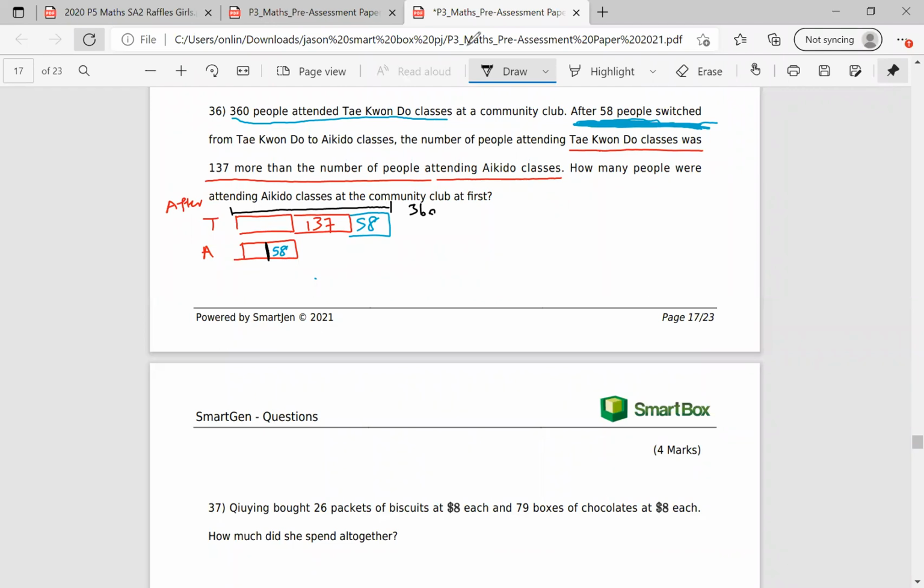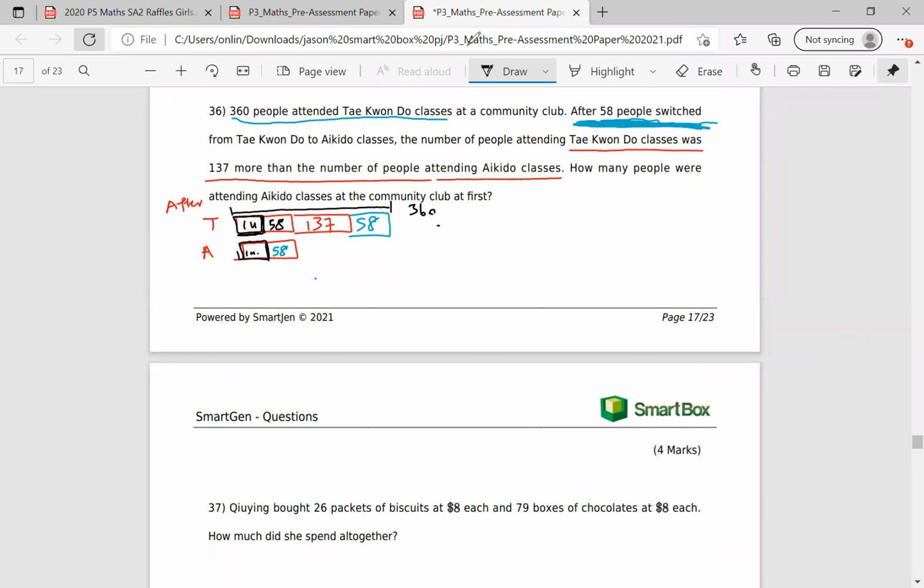So am I correct to say this part, if I cut also, it will be another 58 and my 1 unit will be here. So for me to find my 1 unit, after I find my 1 unit, then I can find whatever the question wants, because my only unknown part is this part here that we don't know how much it is, the one in black. So this is also my unknown part.